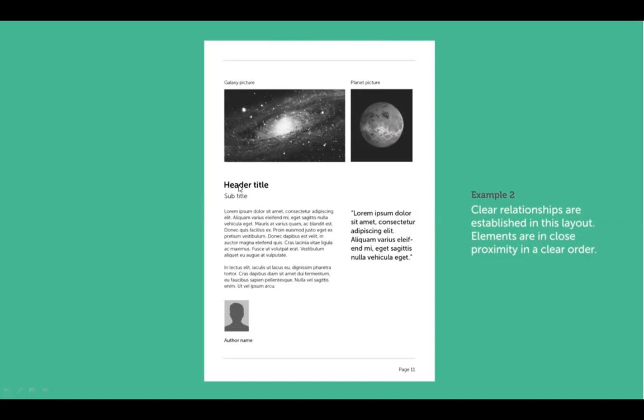So you can see that here we are supposed to have a header title, but that header title has a connection to the subtitle. And then it is also connected to this detailed body or this detailed paragraph here. Are we together? Yes. So that is what we call proximity.